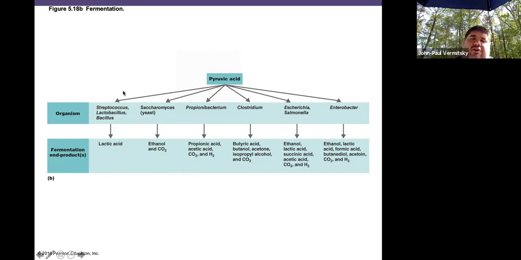And if you notice, each bacteria is actually producing a different end product. The reason is that they all have enzymes for fermentation, but the enzymes that they have are different. They're going to make different products.